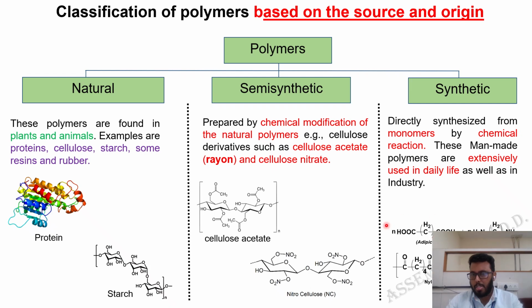Why? Because you are taking a monomer that contains 6 carbon atoms, and then hexamethylene diamine. So you are taking this adipic acid with the carboxyl group and the diamine molecule, that is hexamethylene diamine. So you are having 6 carbon atoms, right? So that's why nylon 6,6.